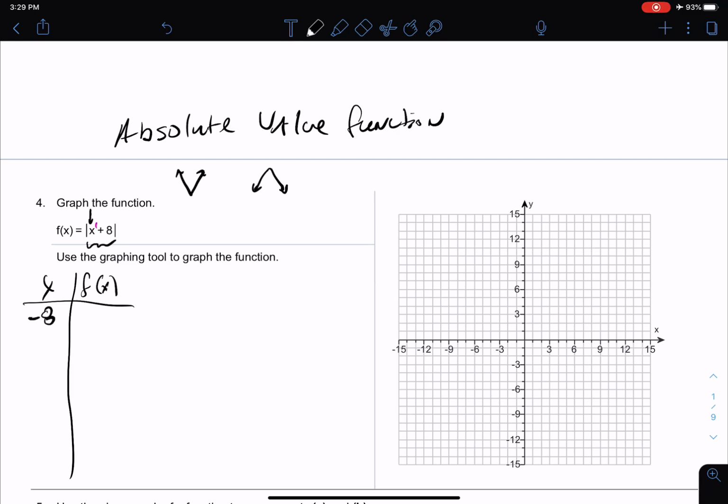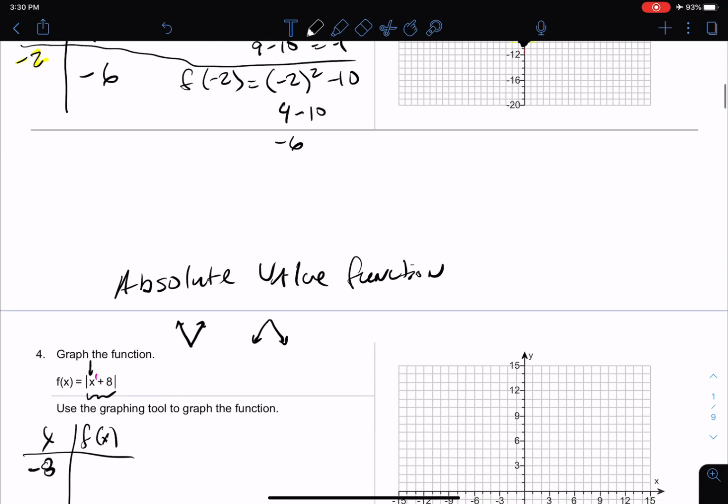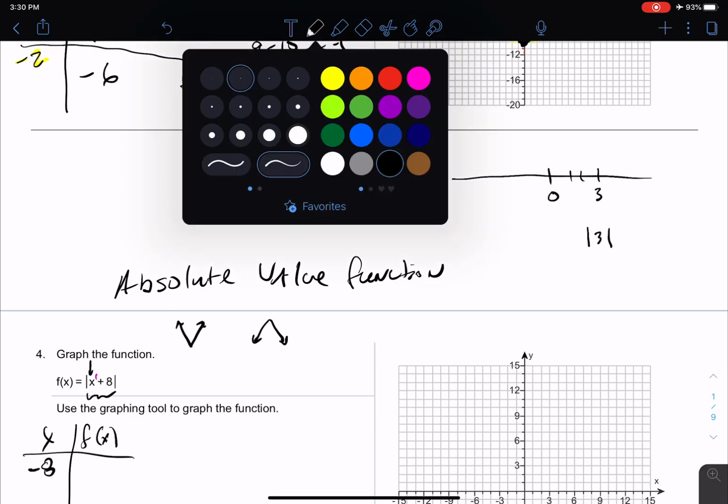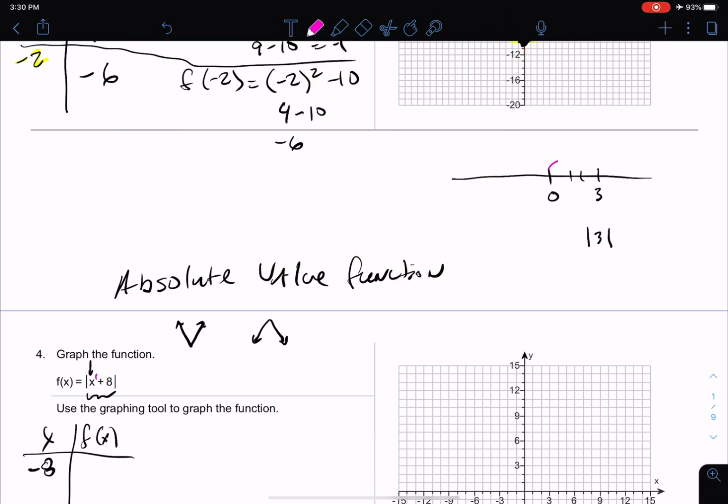Now, absolute value, remember, just as a side note, what is absolute value? Absolute value, physically, means how far a number is from 0. So if someone said, what's the absolute value of 3? Well, physically, how far is 3 from 0? It is physically 1, 2, 3 away, so the absolute value of 3 is 3.